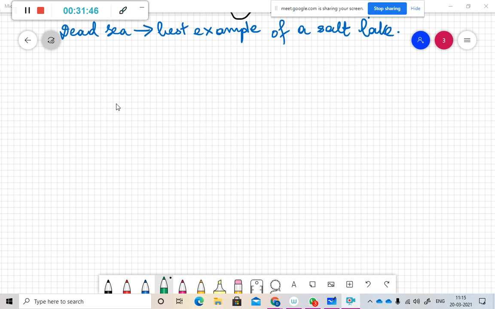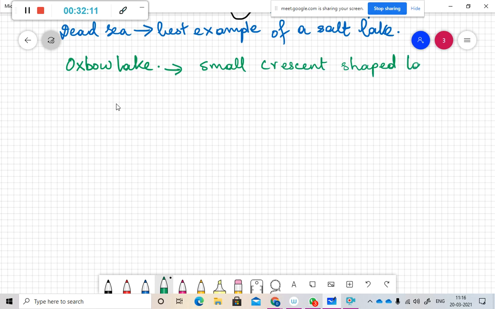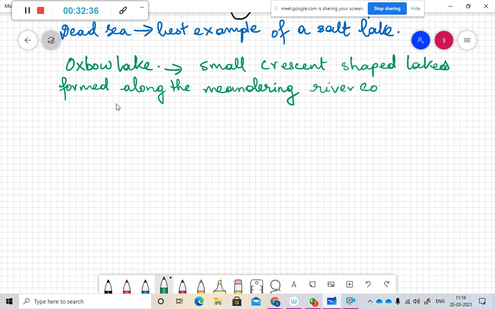So after that we go to the Oxbow Lake. Oxbow lakes are small crescent shaped lakes formed along the meandering river courses.